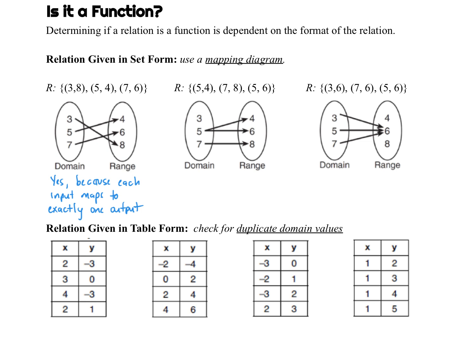Versus this one, like we said, right here, this causes this to fail. This is a problem. So this is a no, not a function because, and you can simply write, because some inputs map to more than one output.